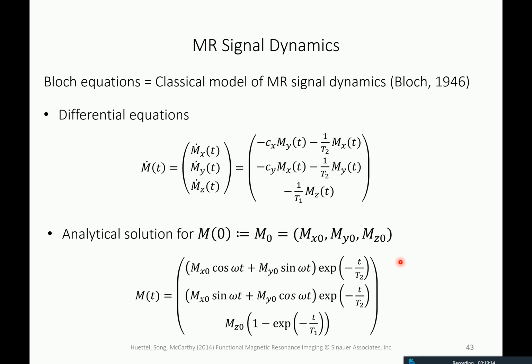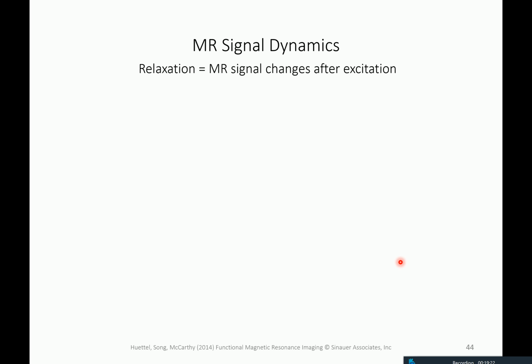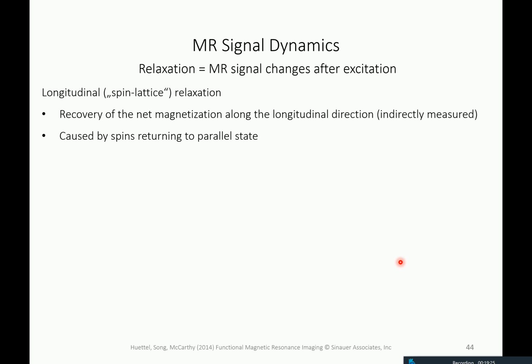I appreciate that nobody directly sees what this means, so we're looking at it in picturesque and text form right now. There are two things happening. One is called longitudinal or spin-lattice relaxation, and refers to the recovery of net magnetization along the longitudinal direction.